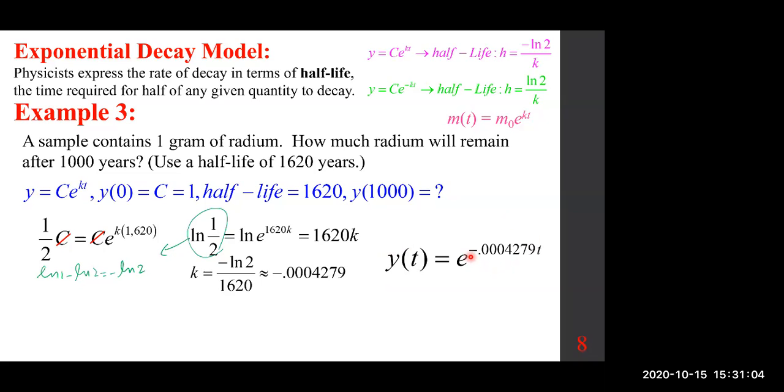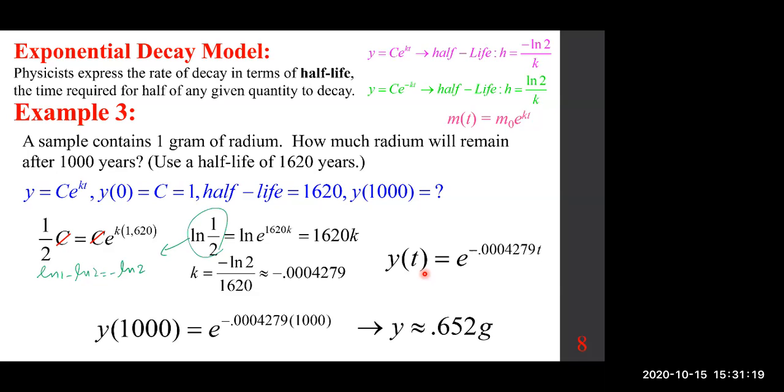It must be negative for a decay. So what do you want? y of 1000. Everybody replace this t with 1000 and observe. It's a simple case, and that's your final answer. Okay, everybody? So this is what we get.